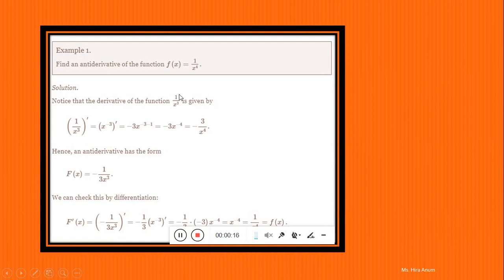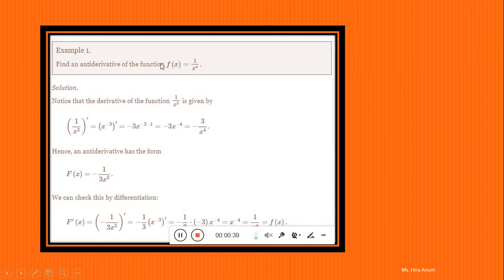Taking the derivative, it becomes x^(-3), and the derivative is minus 3 x^(-3-1). In derivative we subtract 1 from the power, so it becomes minus 3 over x^4. This is the derivative.